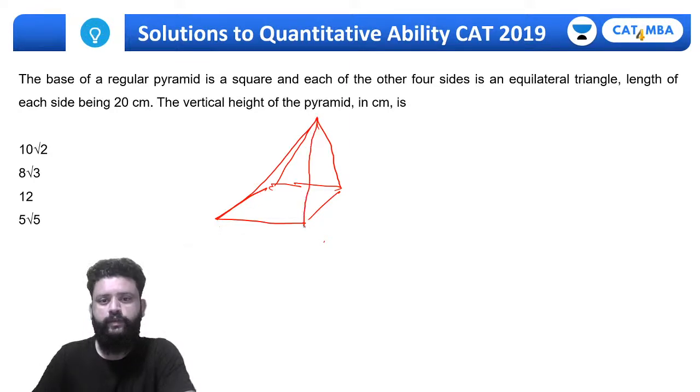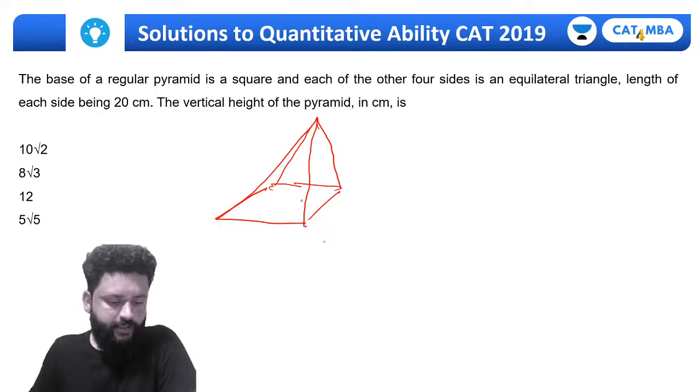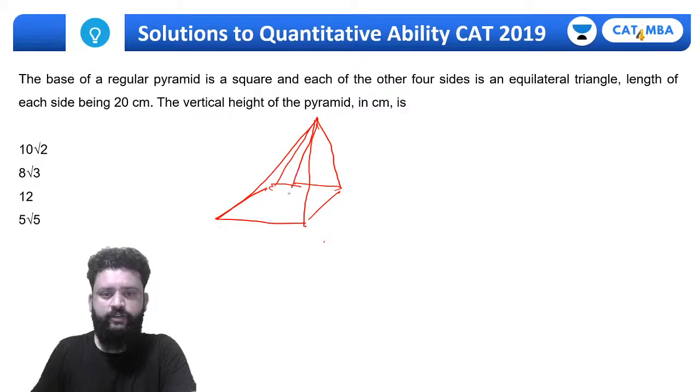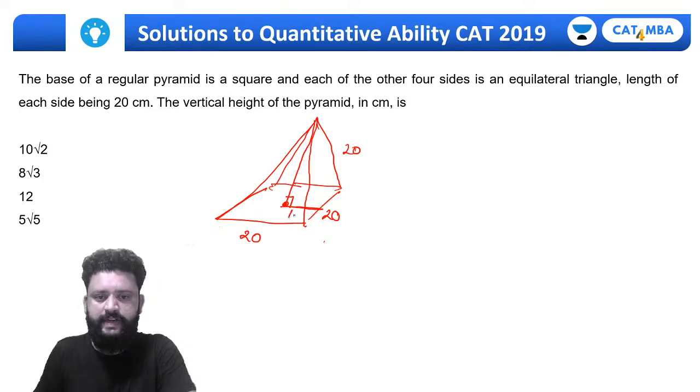See if you can think about it. Okay, first thing, I want to calculate this height, which is perpendicular to this plane. So if all the edges are 20, this must be 10. We'll call this triangle PQR.